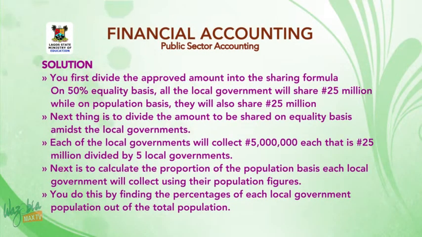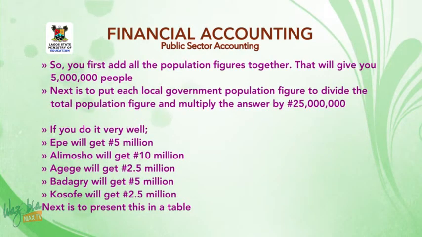That is 25 million naira divided by 5 local governments. Next is to calculate the proportion of the population basis each local government will collect using their population figure. You do this by finding the percentages of each local government population out of the total population. So you first add all the population figures together. That will give you 5 million people.